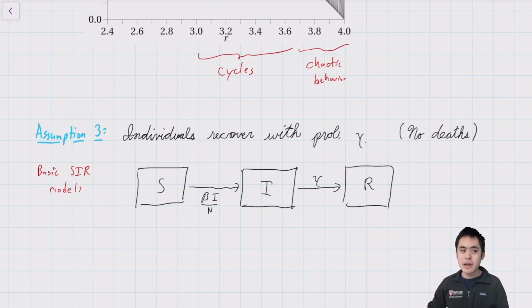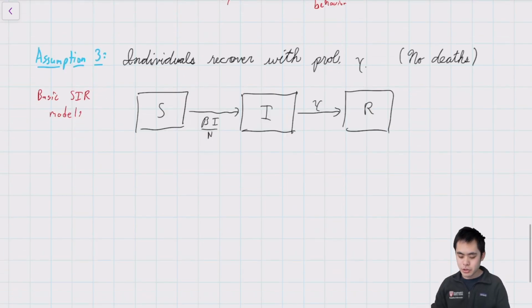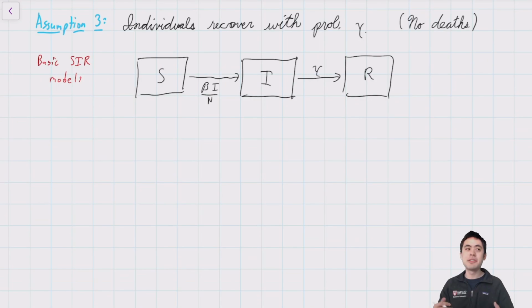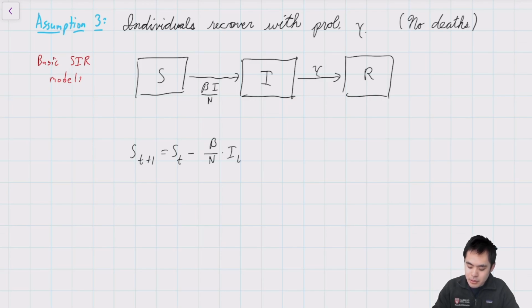So let's write down the equations for this particular model, which are going to be similar to the previous one, but now we're going to have an additional term, R sub t. So let's start out. So we have S sub t plus 1 is equal to S sub t minus beta over n times I sub t times S sub t. Okay, so that's pretty straightforward.